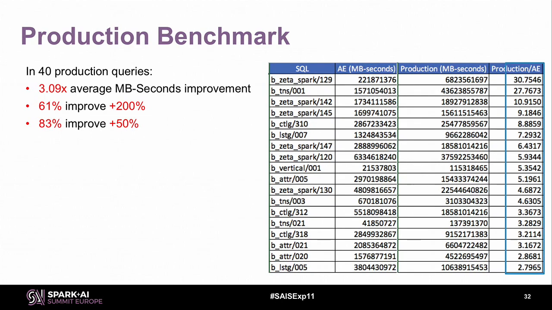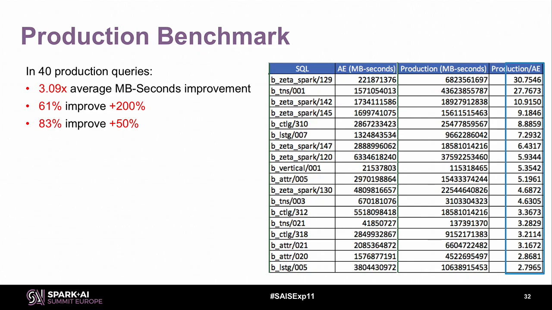Okay, so overall, how much benefit can we get from the adaptive execution? We did the benchmark using production queries. We selected 40 production queries and ran them with the adaptive execution. Our main metric is the megabyte seconds, and lower megabyte seconds means lower memory consumption. Lower is better.